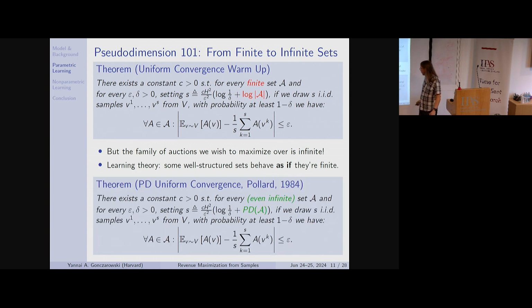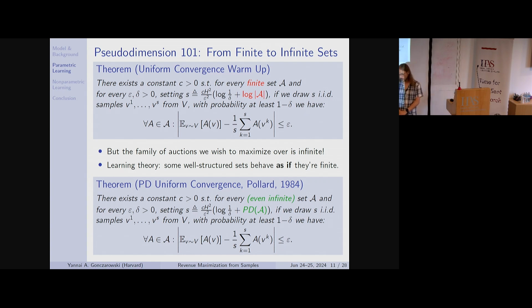So we have a theorem. I've highlighted the only things that are different between here and here. This says for every set, even an infinite one, and here, instead of the log of the size of A, we take the pseudo-dimension of A, which I have not yet defined.